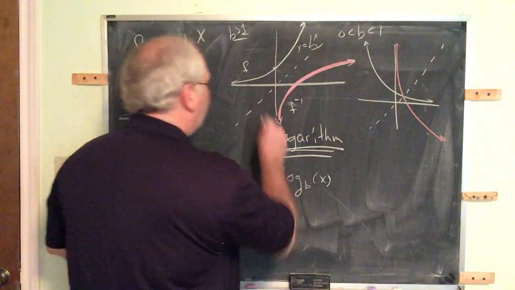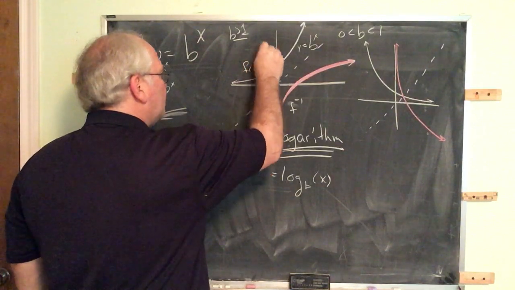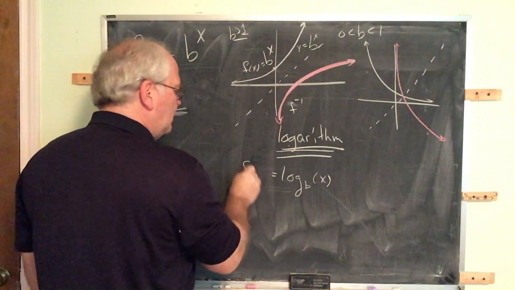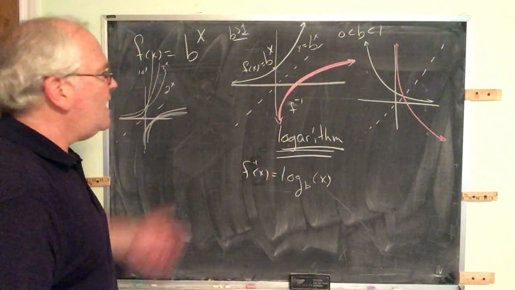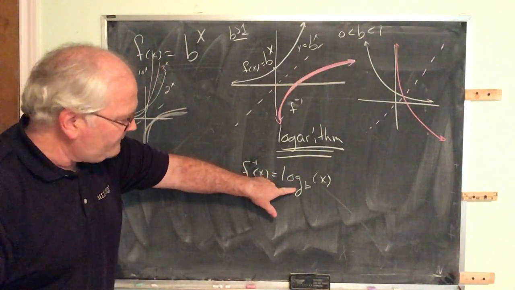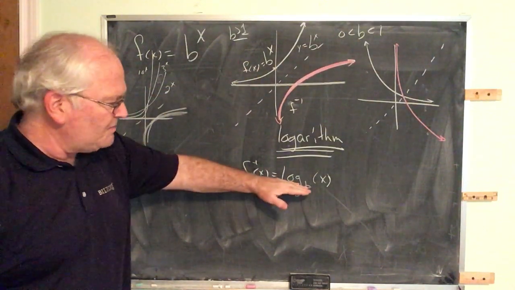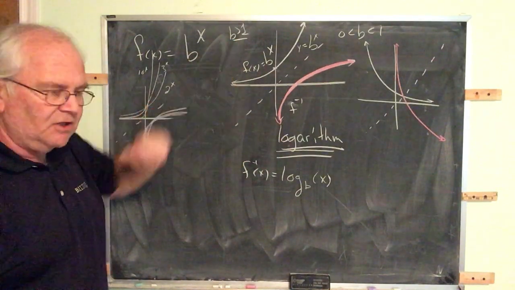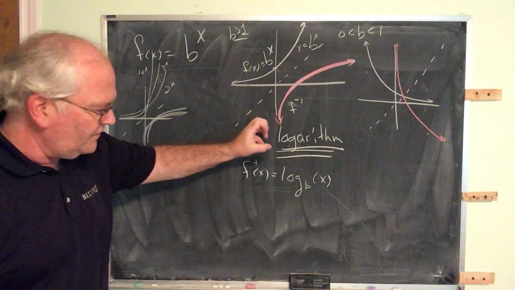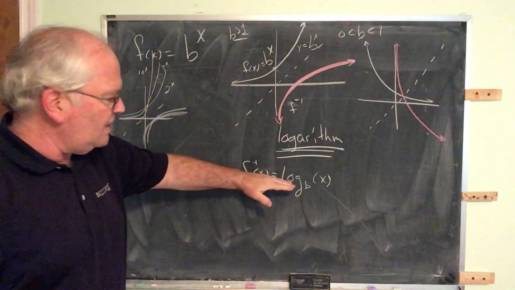This is the inverse. If f of x is b to the x, then f inverse is log base b of x. And vice versa. If this is f, then this is f inverse. They are inverses of each other. Anytime you see log, that's short for logarithm, and all that means is it's the inverse function. Now that has sort of several ramifications, and we'll talk about that as we go. But this is simply to introduce the notion.